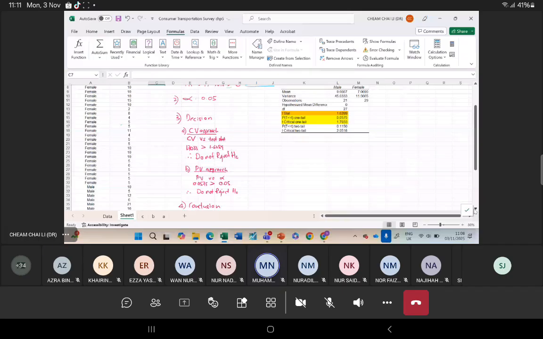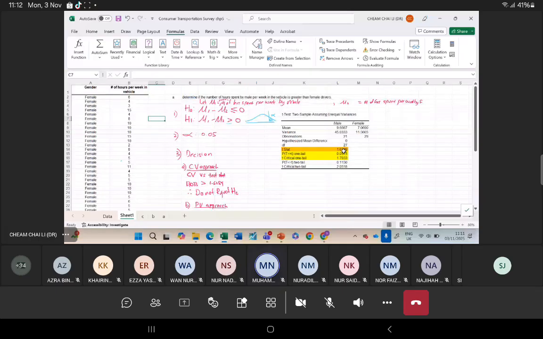If they copy one by one, they will get different values from what I get. Anyhow, as long as you follow the steps and understand why we have to use the one tail instead of two tail in this situation, then that will be fine. Just follow your steps and try to understand. So that one is okay.